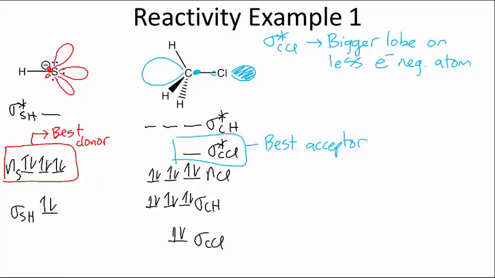It breaks. When these orbitals interact, the sulfur lone pair says, hey, carbon, I would like to share this lone pair with you. Carbon says, sure, but I got to make space. So if you donate into this antibonding orbital, that's going to break the CCl bond and make the chloride fall off.